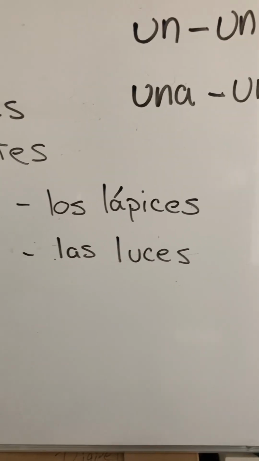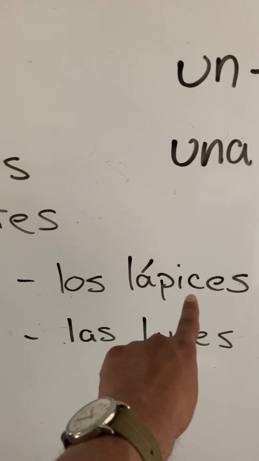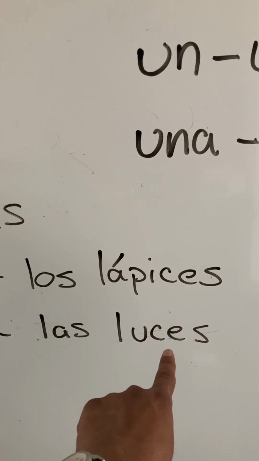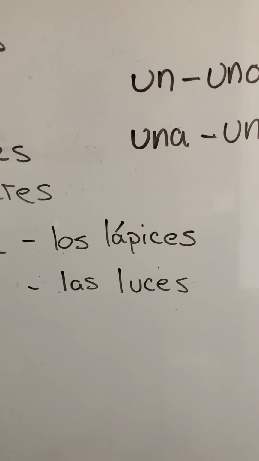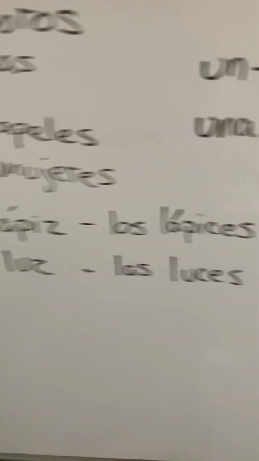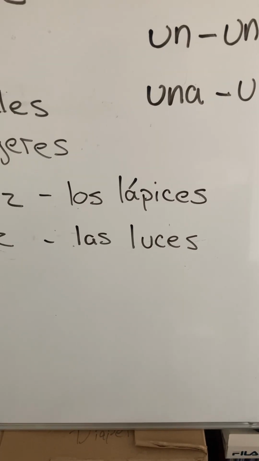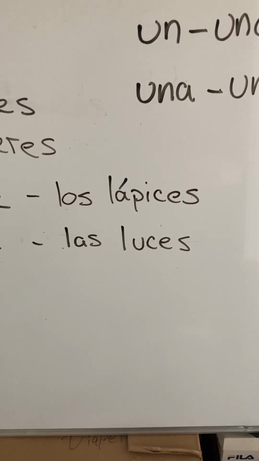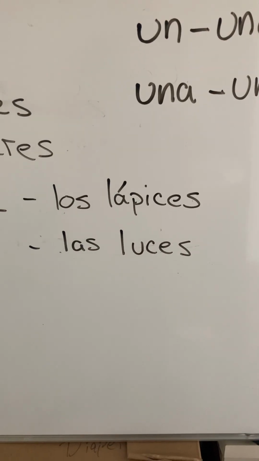If you're going to make it plural, the Z becomes a C. And then, because the letter C is a consonant, you add ES. And remember, you also make the article plural. So, los lápices, the pencils, las luces, the lights.